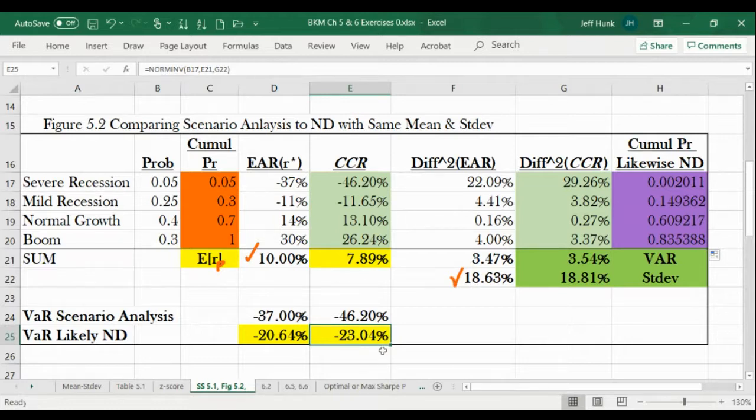Okay. So bottom 5% would be like this if it were normally distributed, using continuously compounded return. It would be this using these discrete returns and standard deviation.